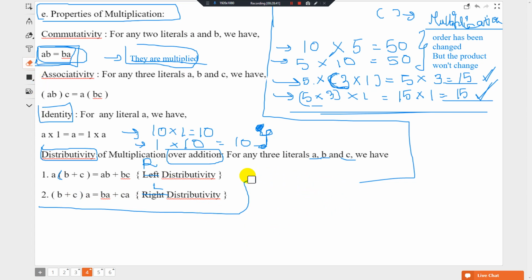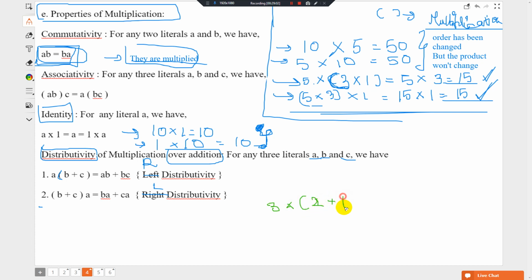3, 2 and 1. And why do I have right distributivity and left distributivity?